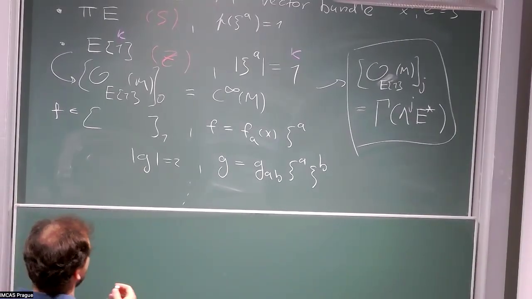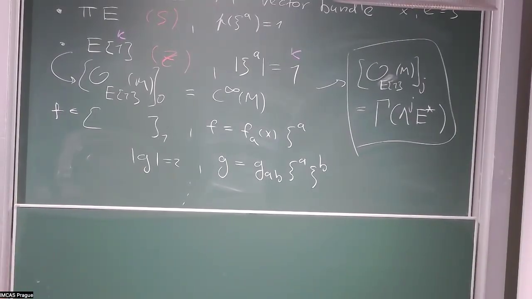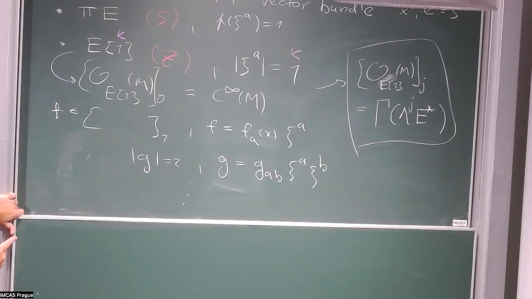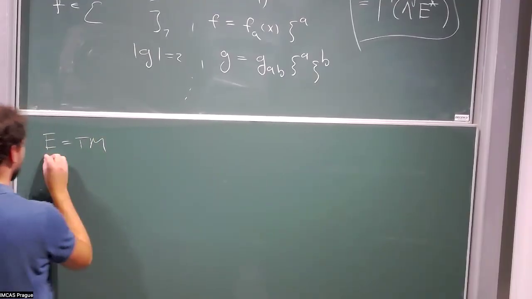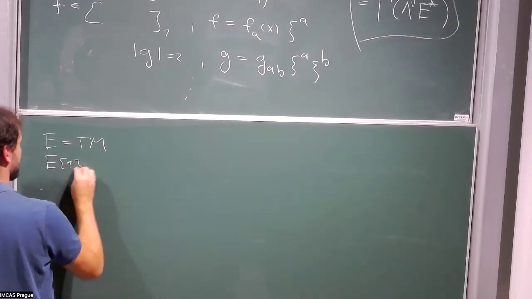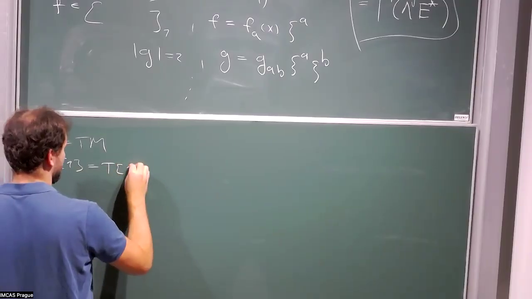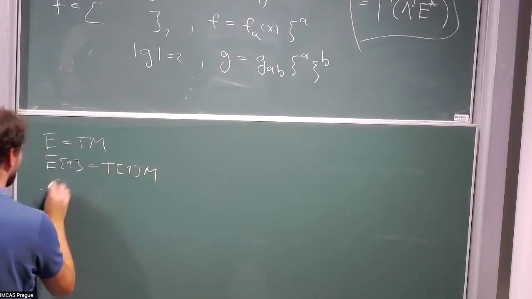So a degree 1 vector field that squares to 0 is a differential here. In particular, a nice example is when E is the tangent bundle. So the shifted E, this is the shifted tangent bundle.